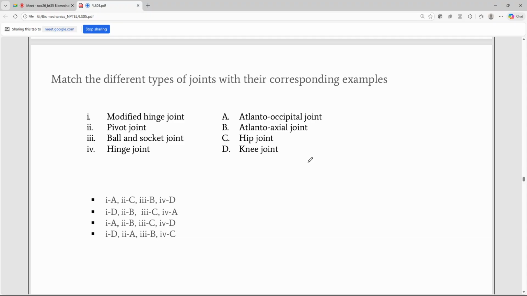Options are option A, 1A, 2C, 3B, 4D. Second option, 1D, 2B, 3C, 4A. Third option, 1A, 2B, 3C, 4D. Fourth option, 1D, 2A, 3B, 4C. Which is the correct mapping or pairing?